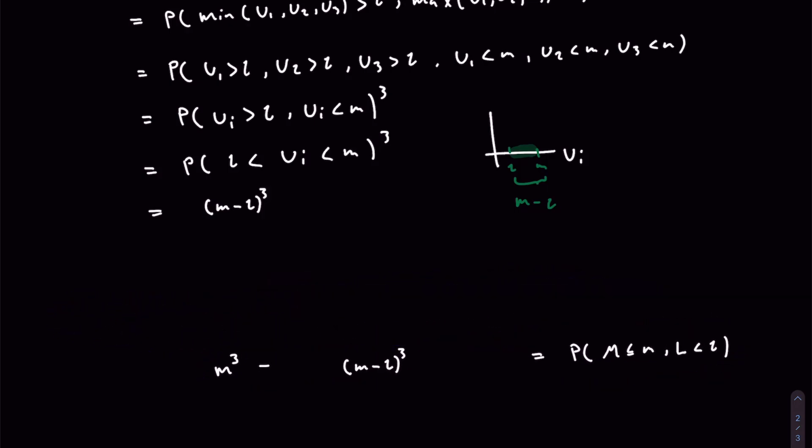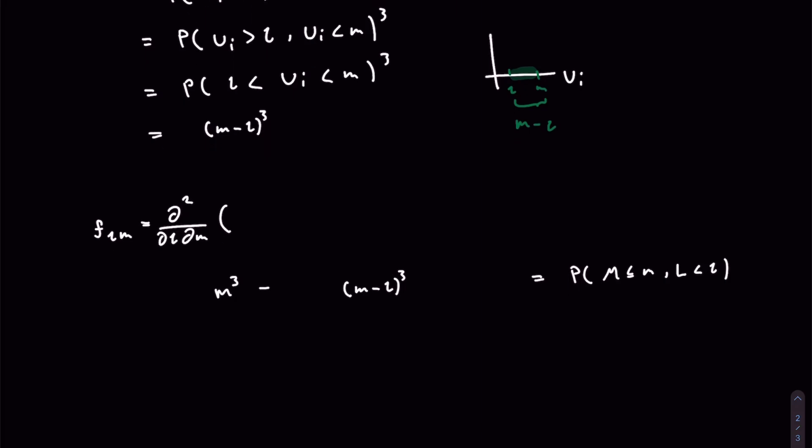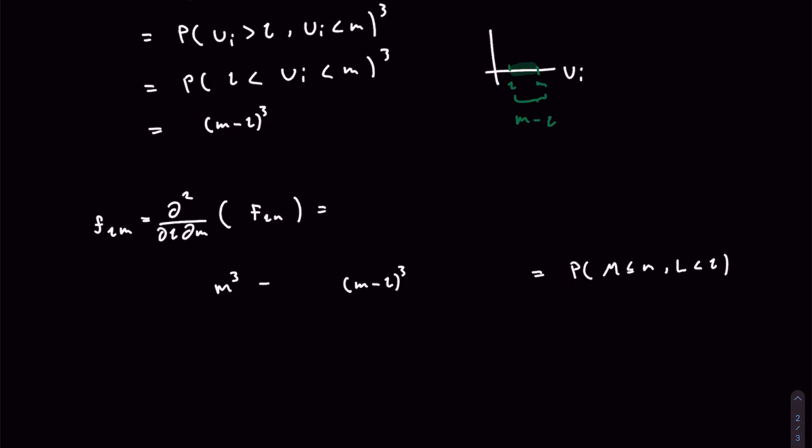So the joint PDF of L and M is the same as taking the derivative once with respect to M and then with respect to L of F of L, M, like that.